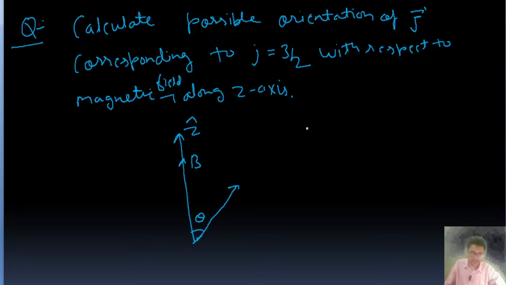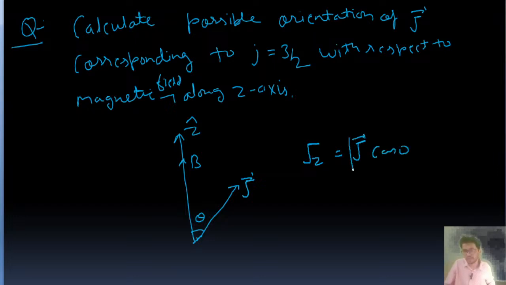Okay, so the possible orientation of J we need to find. J means this is J, guys. This is J. This is theta. So from here the Jz is going to be J cos theta, right?